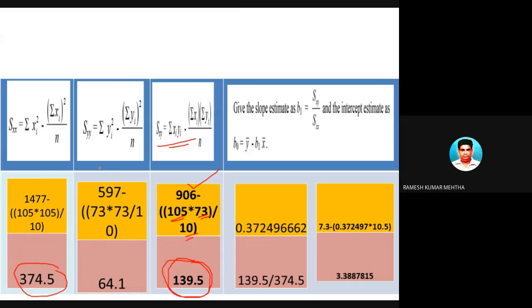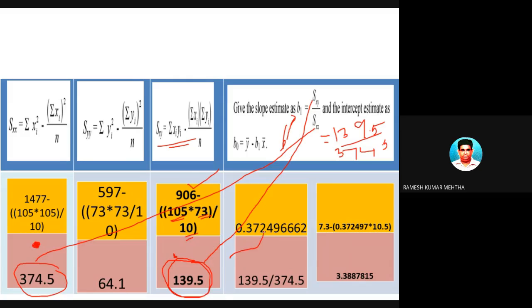Now I told you the formula for finding b, using this relationship. This is the value of Sxy and this is the value of Sxx. So you get 139.5 divided by 374.5, and the calculations are in front of you, which is equal to 0.372.